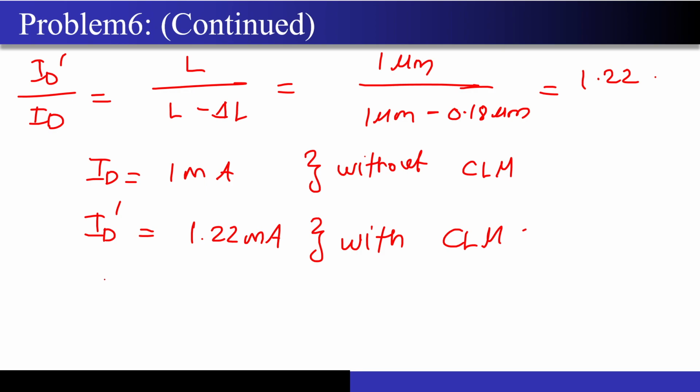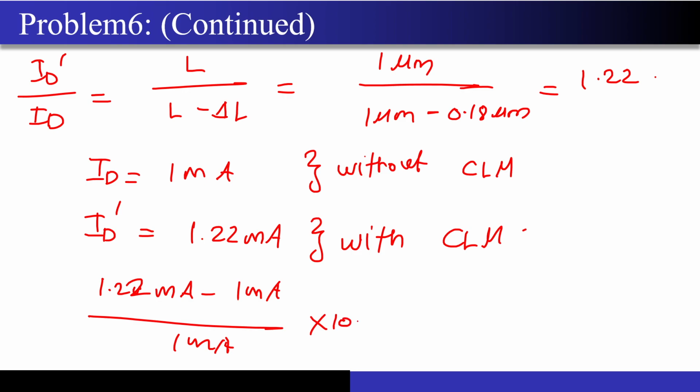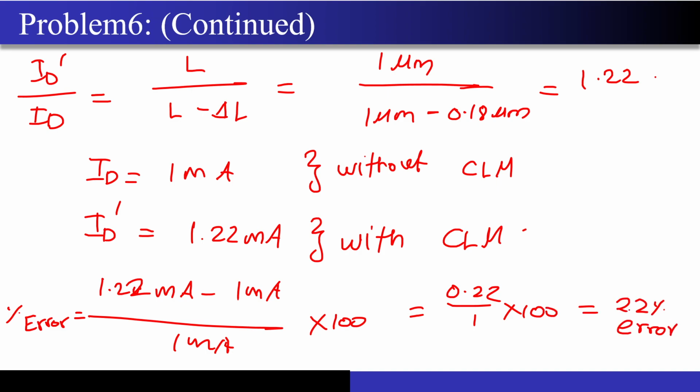Let's calculate the error: 1.22 milliampere minus 1 milliampere upon 1 milliampere into 100. So this is the percentage error formula. Now what does this tell you? 0.22 by 1 into 100, so almost 22% error. So this is why you just cannot ignore the channel length modulation, right?